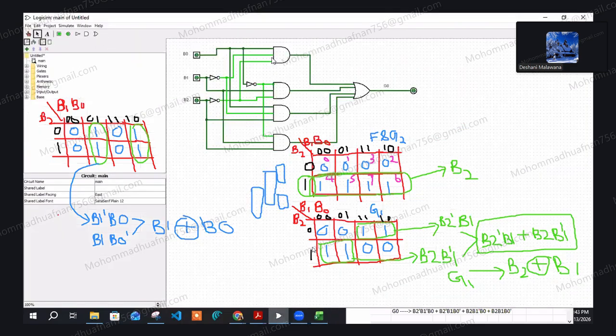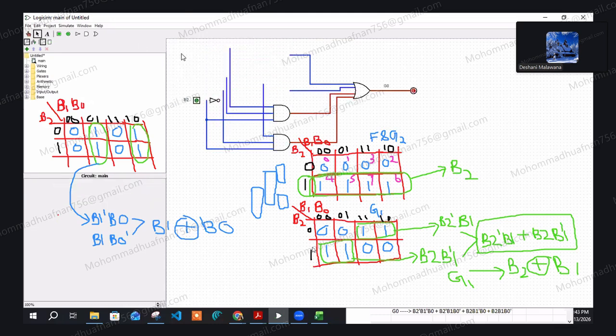Okay. So now this is going to be a little bit big one if we are not going to do that one by using XOR gates. So I'm going to delete those things.